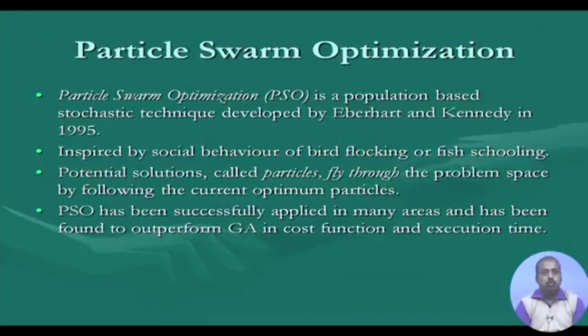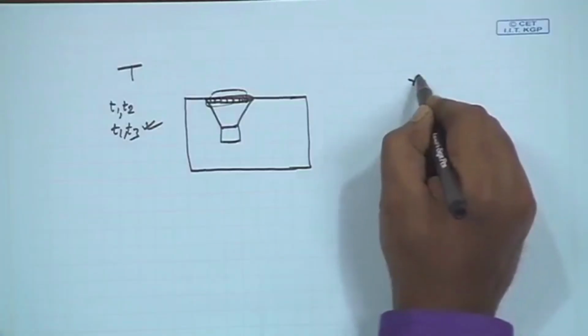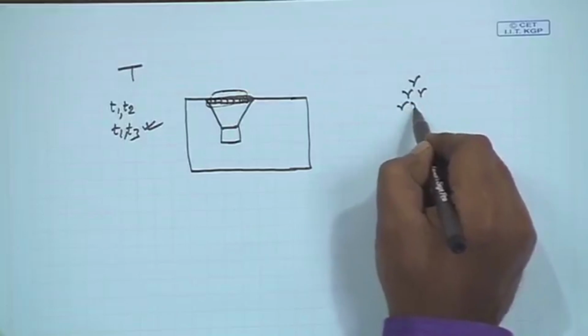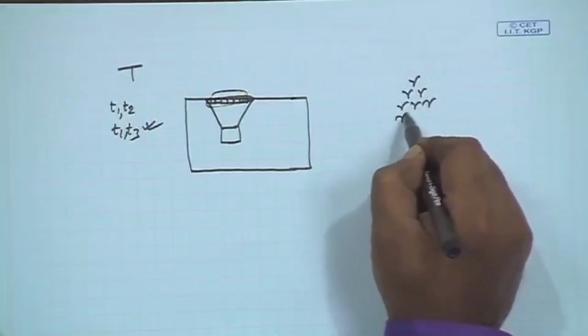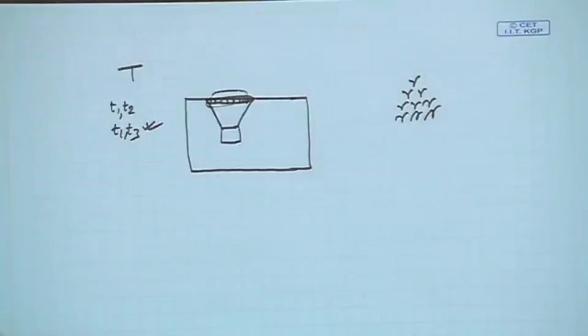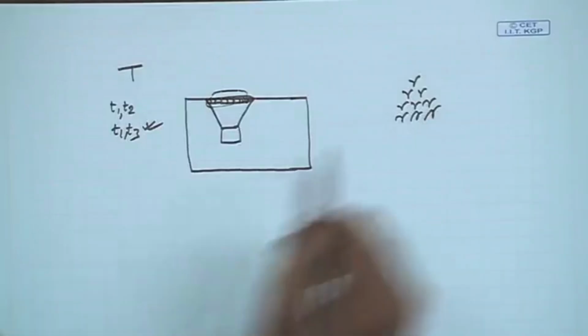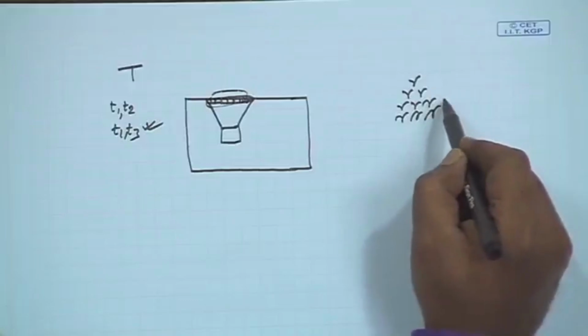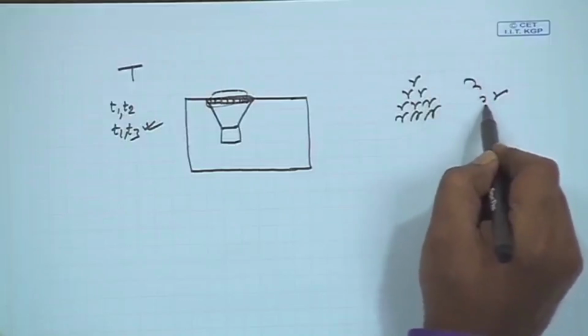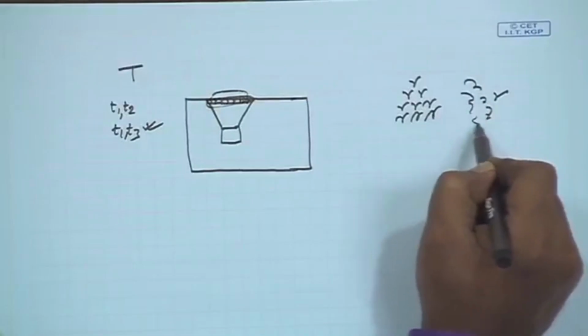If you look at a group of birds flying in the sky, you will find that they follow some sort of V type of pattern. Maybe there is a bird at the top, at the beginning, and some other birds following that bird. They often fly like this, and after some time one of these birds diverges like this, and all of them start following this new direction.